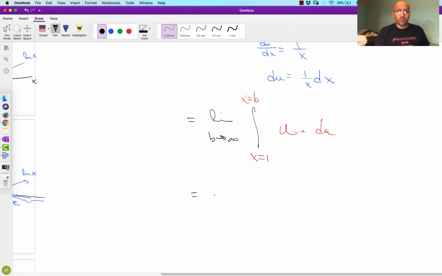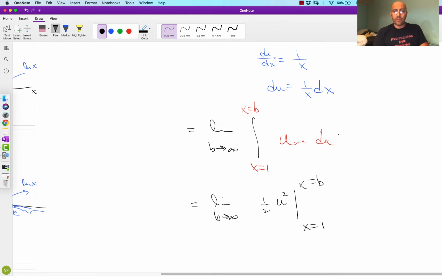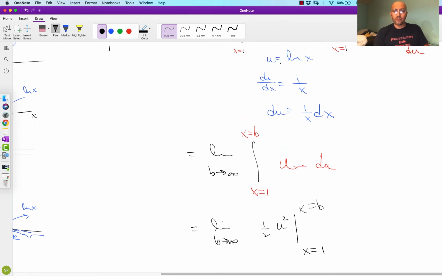So this will be equal to the limit as b goes to infinity of 1/2 u squared, right? The antiderivative of u is going to be equal to 1/2 u squared, evaluated as x goes from 1 to b. And now what I'm going to do is come back over here and replace what u was. u was equal to ln of x.